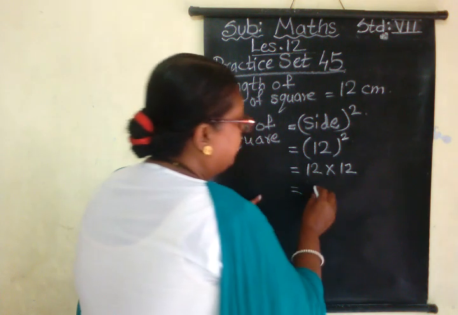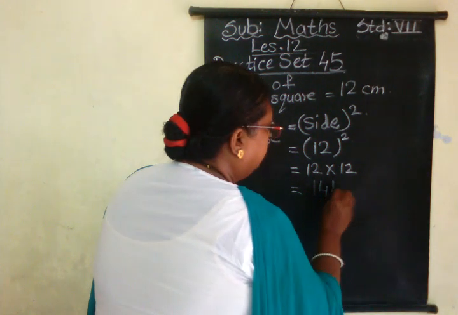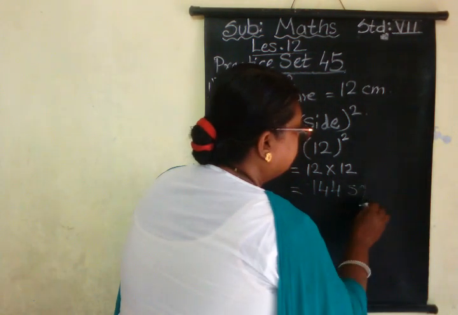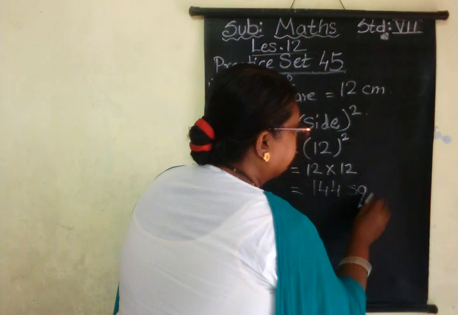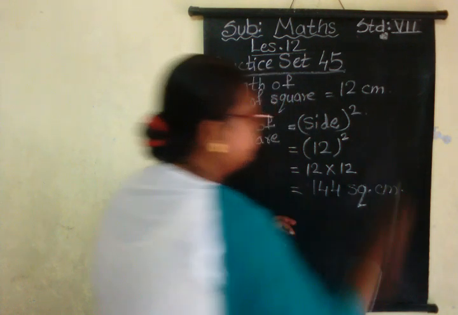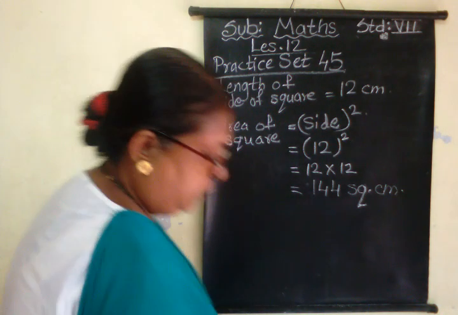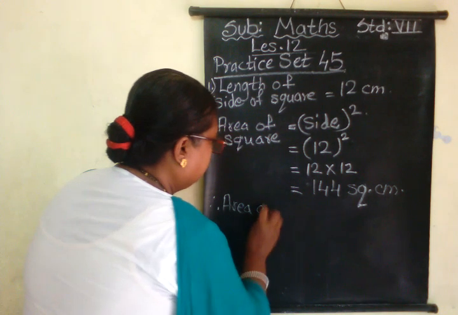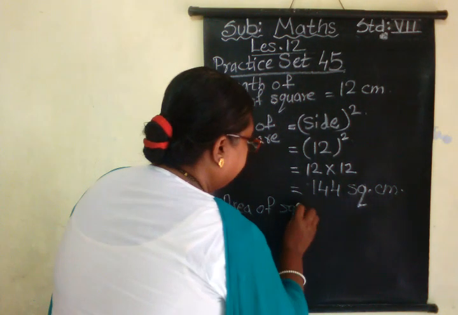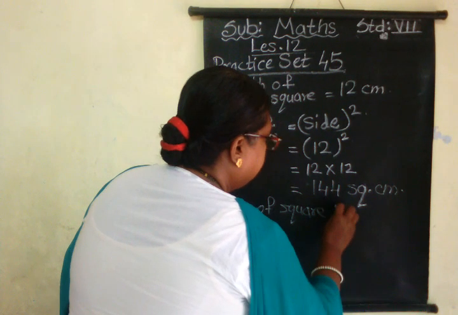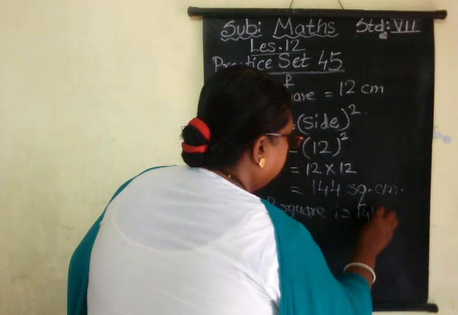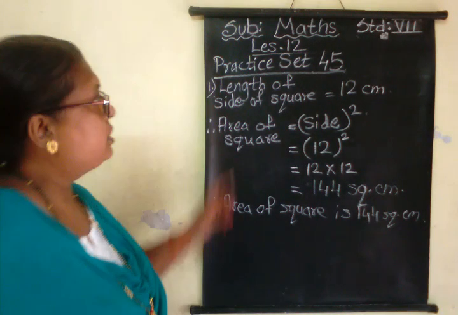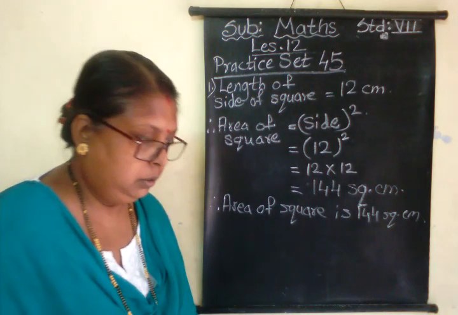So 12 multiplied by 12 gives you answer 144, and the unit of area is square centimeter. So this is the answer. Therefore, area of square is 144 square centimeter. This is your first answer. Very simple.